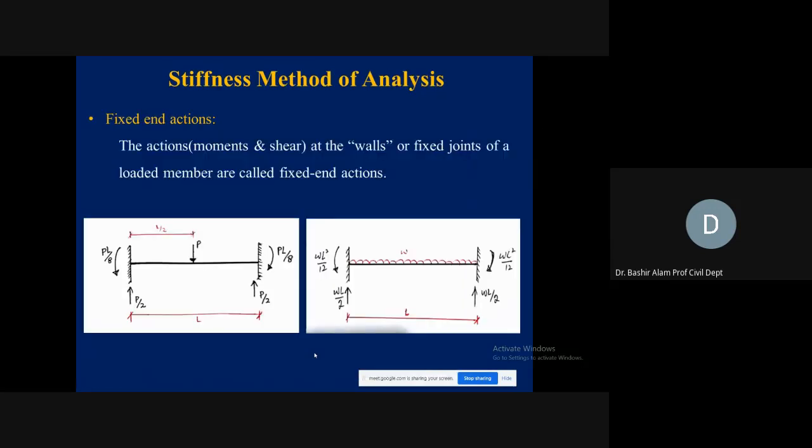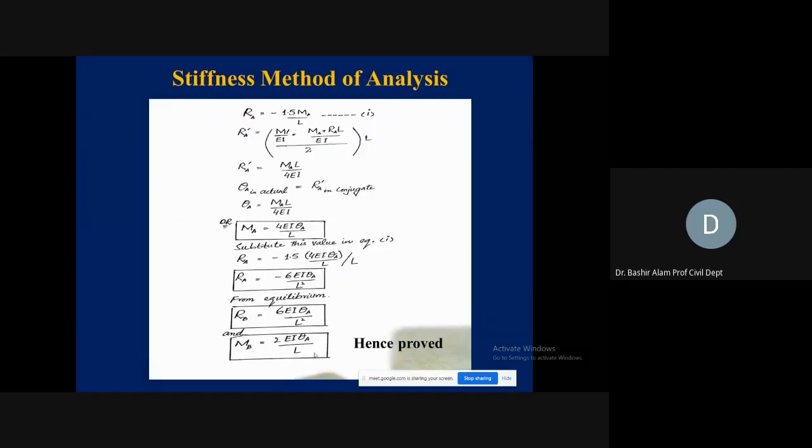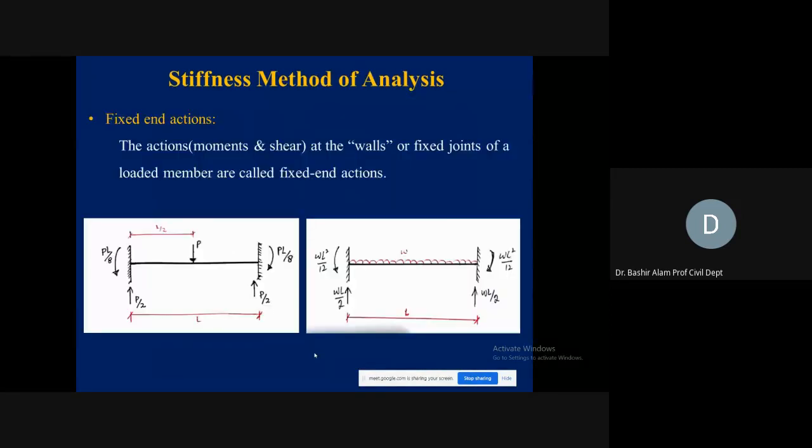Now, for this case, fixed end actions, how we find out. You should be quickly able to, for reference, you can see here, in this left one, in the middle of the span, we have a load P. L is the span, L by 2, it is telling you it is at the mid span.